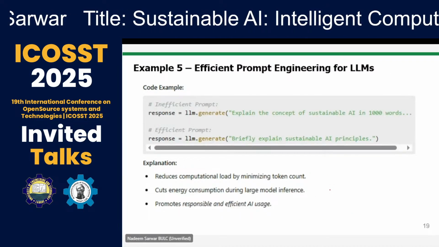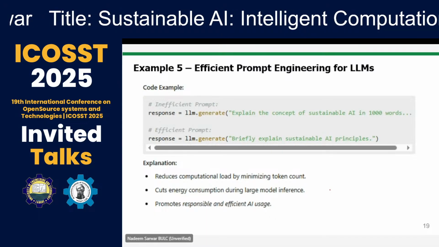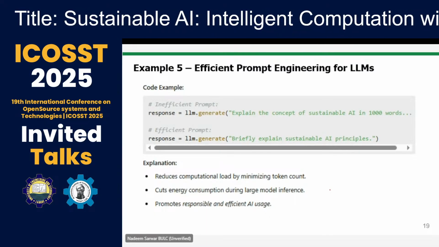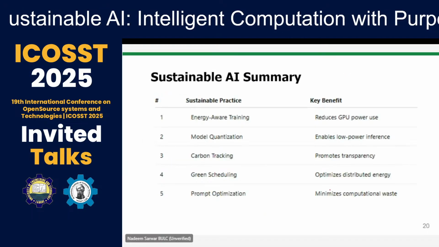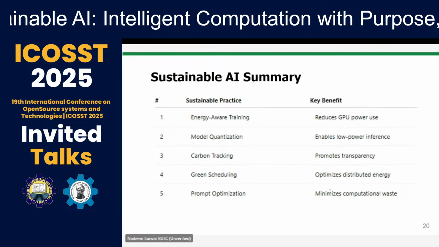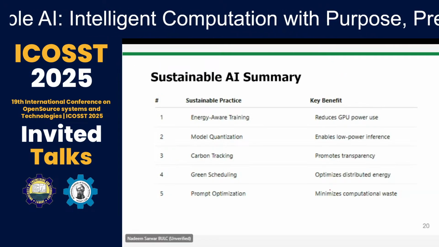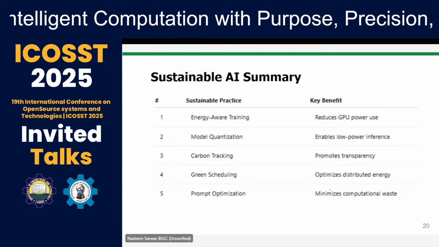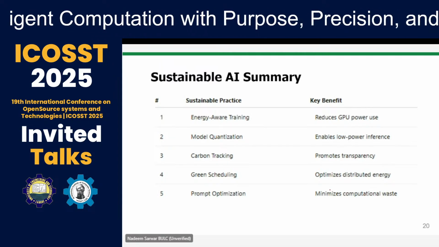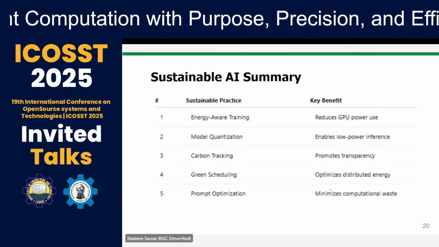And in this example, efficient prompt engineering for LLMs, we can reduce computational load by minimizing token count. So here is the summary of this talk: the sustainable practices. If we adopt energy-aware training, it will help us reduce CPU power use.